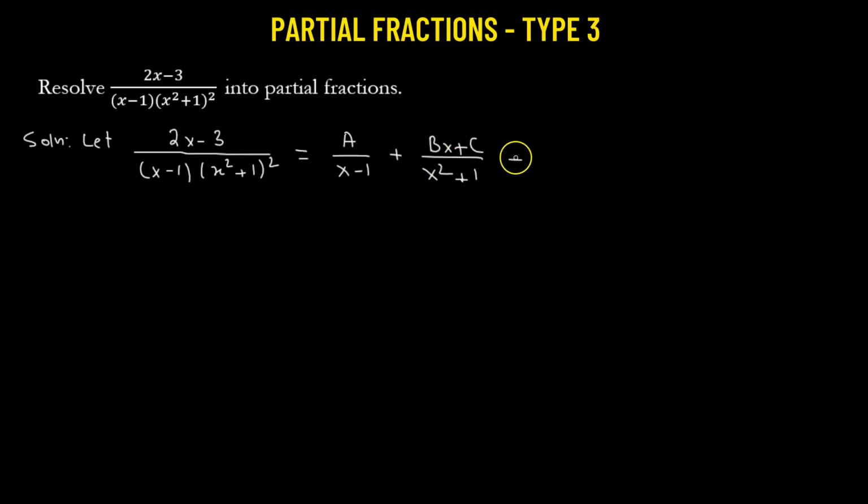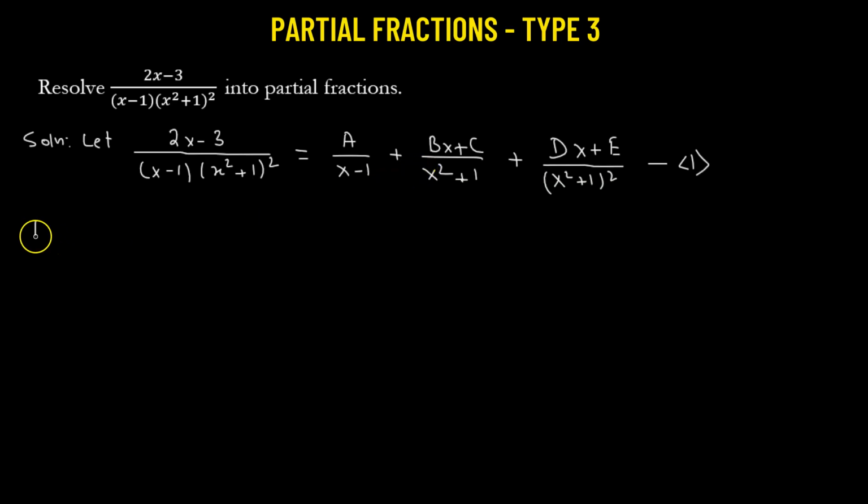Then we'll have one more partial fraction, which is Dx plus E divided by x squared plus 1 whole square. Here x squared plus 1 is repeating twice. So let's label this as number 1. Our goal will be to obtain the value of these 5 constants A, B, C, D, and E.